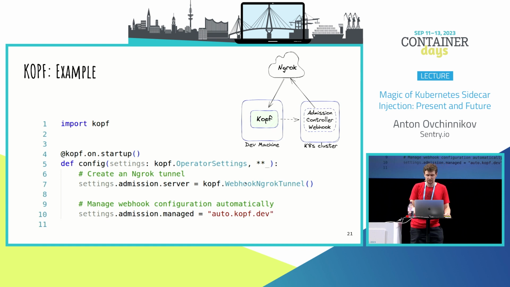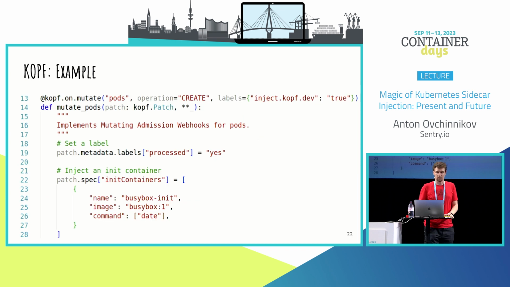So what happens is Kopf will initialize an ngrok tunnel that will point to your Kopf application that you run locally on your machine. And now from inside the Kubernetes cluster, your Kopf server will be reachable. Pretty cool, I think. And the second line basically indicates that we want to manage all those webhook configurations auto-magically.